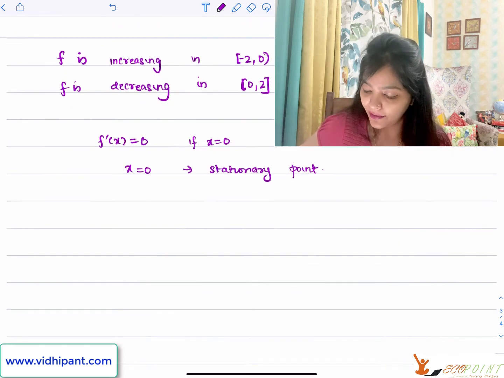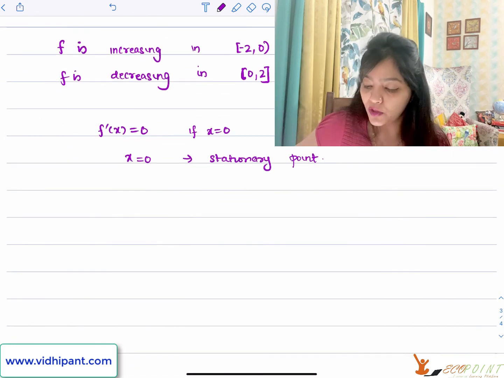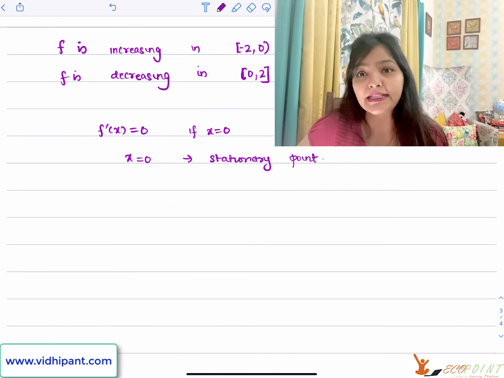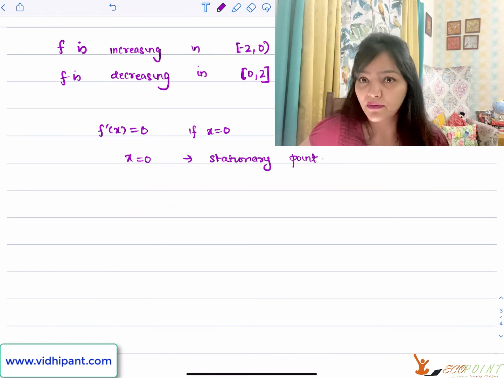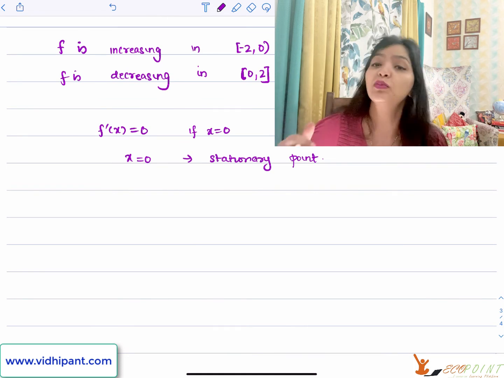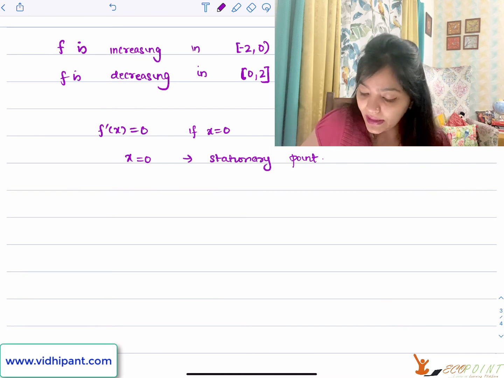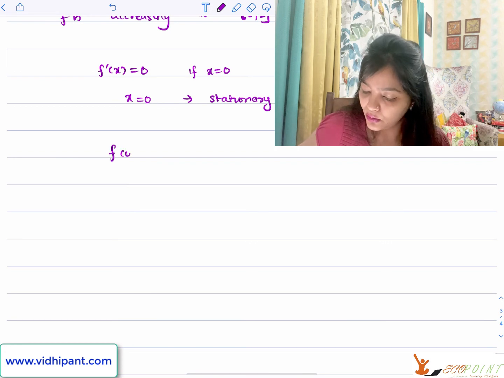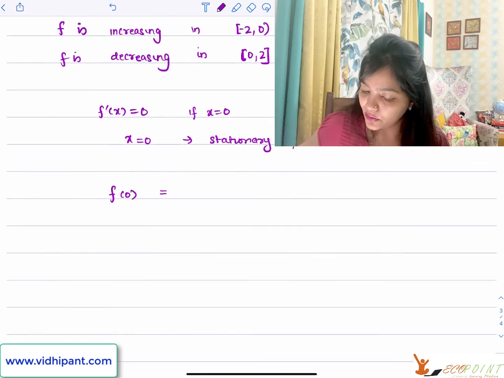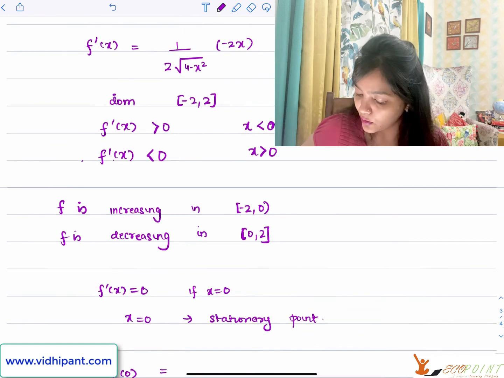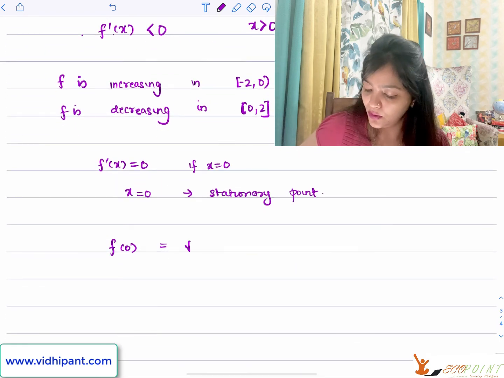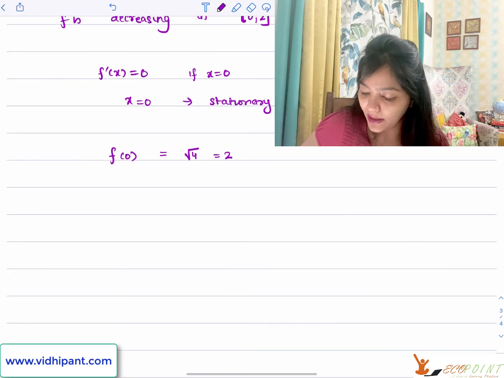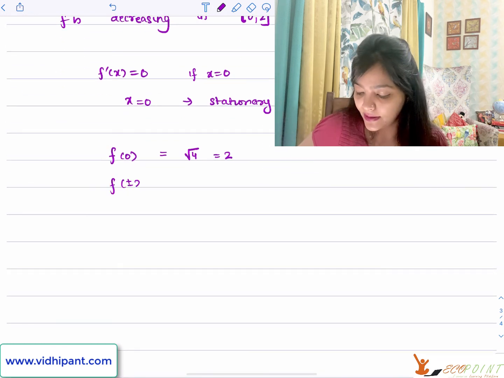Now, since you have a function which is continuous in the closed interval minus 2 to 2, that means it will attain both maximum as well as minimum. So f of 0 is equal to square root of 4, which is 2, and f of plus or minus 2, that is your endpoints, is equal to 0.